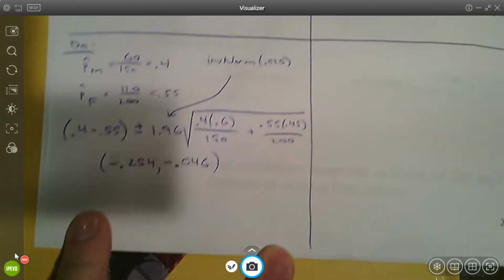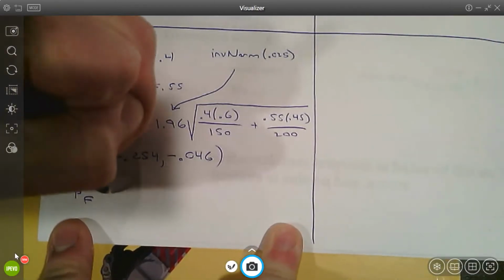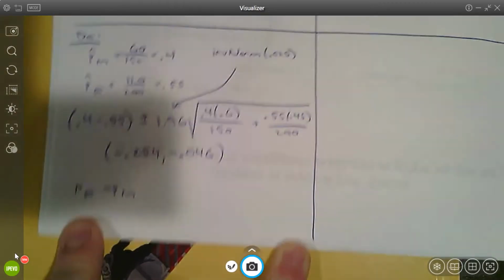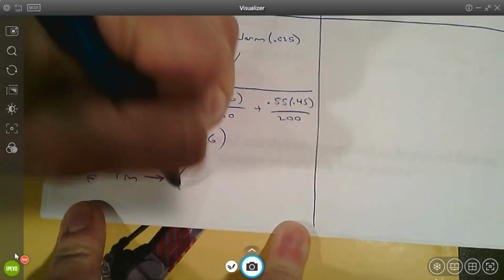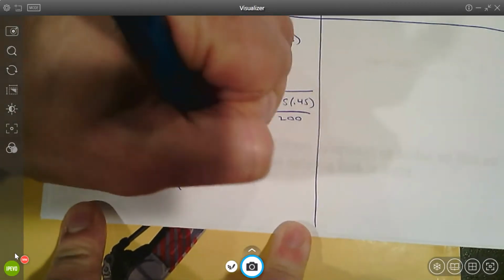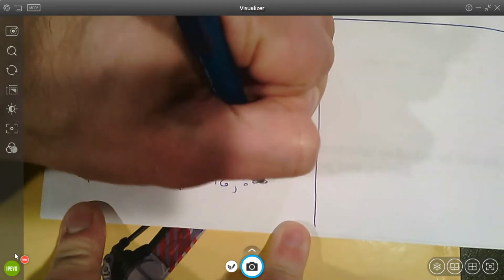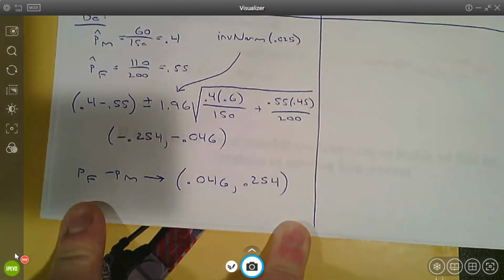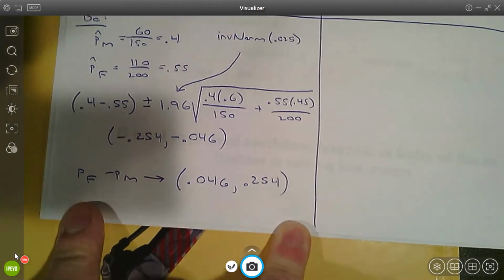Now, I mentioned if you had set up the subtraction the opposite direction, your confidence interval would be positive 0.046 to positive 0.254. So it does not matter which way you set up the subtraction. Either is going to be essentially correct if you've done your work right.